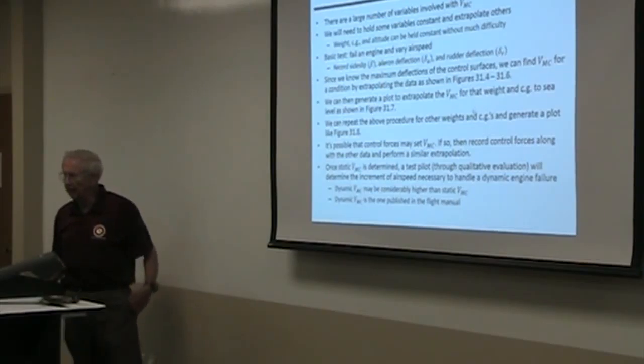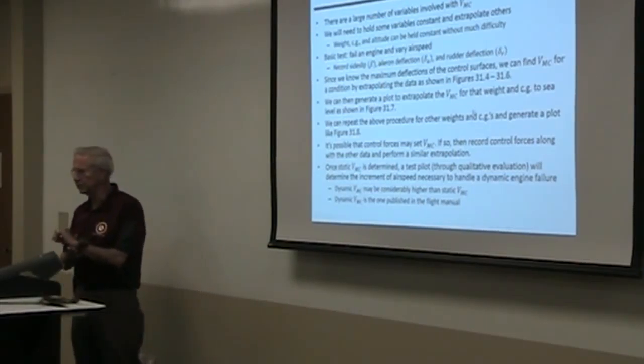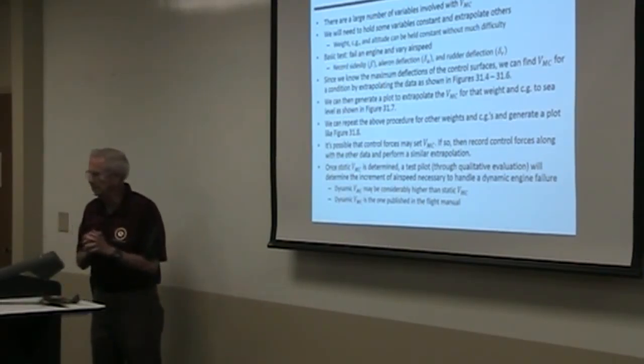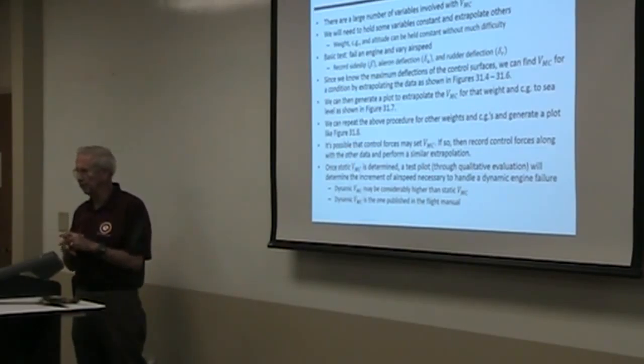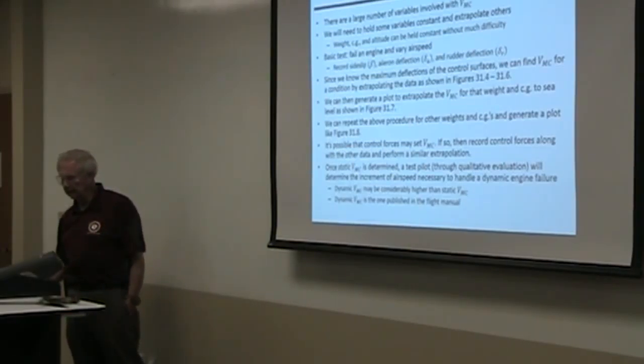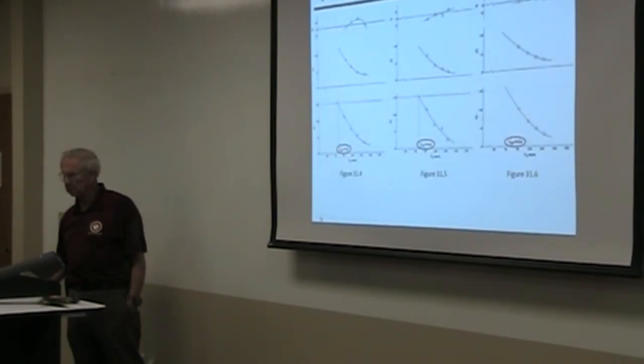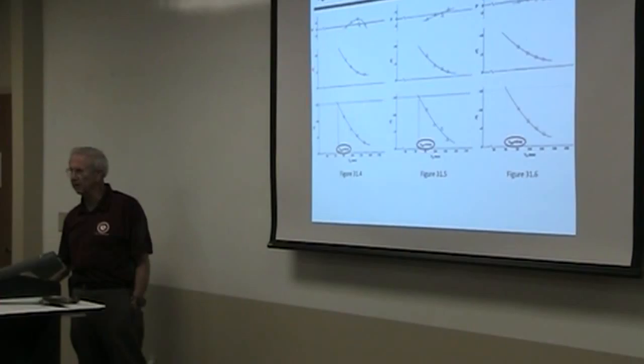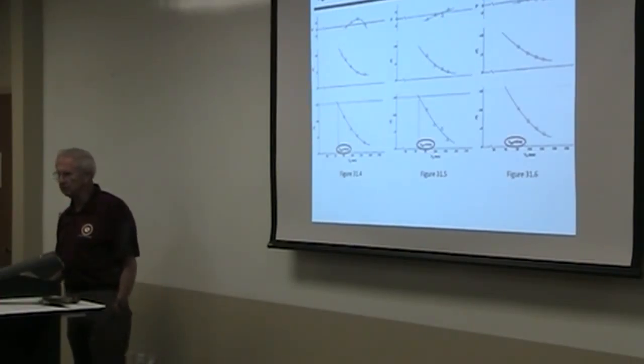And since we know the maximum deflection of the control surfaces, we can find VMC for a condition by extrapolating the data. And here we go. Here's side slip. Notice that that's a maximum of 2 degrees side slip, which is not too bad. It just looks bad. This is aileron deflection.